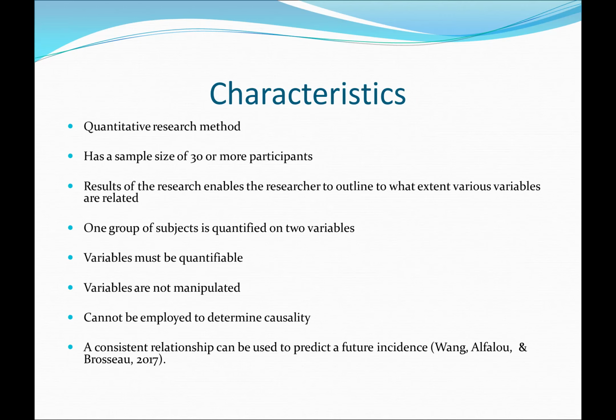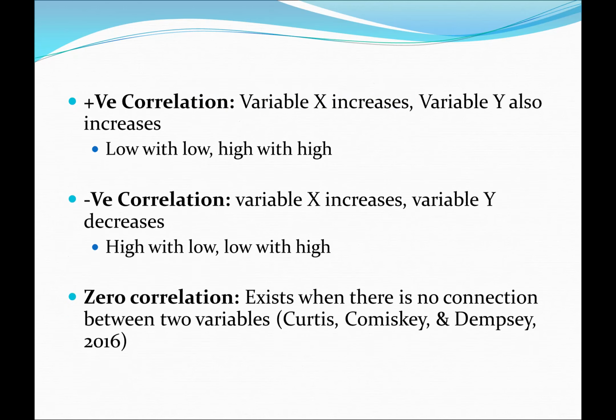They are not manipulated. And there's usually a sample size of 30 or more participants. So the findings for a correlational research are either a positive correlation, negative correlation, or no correlation at all.